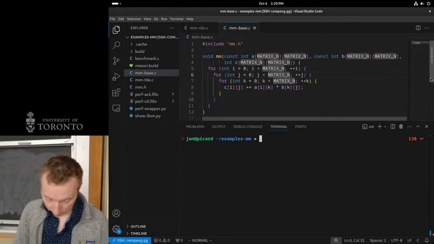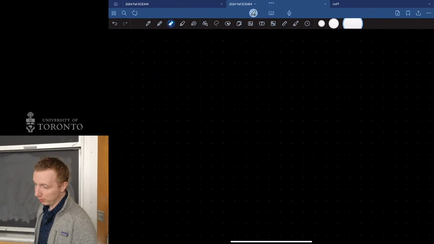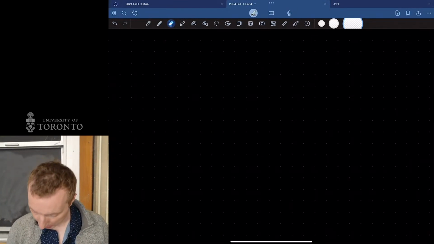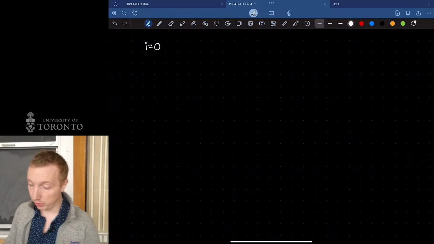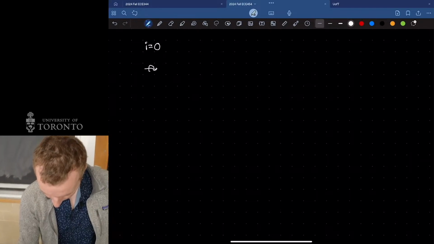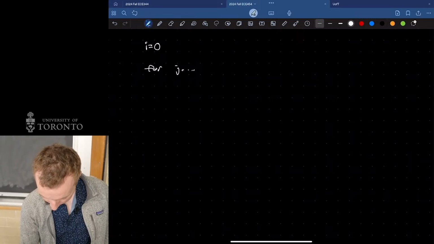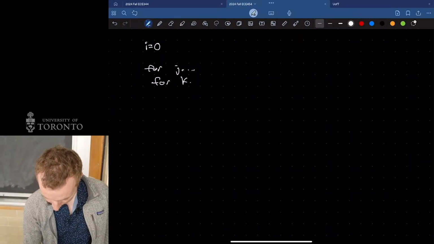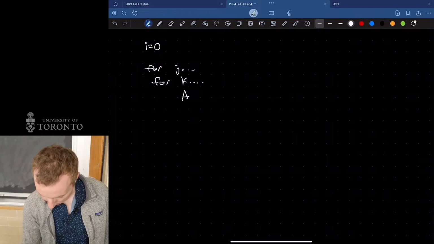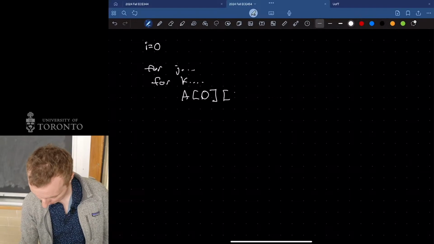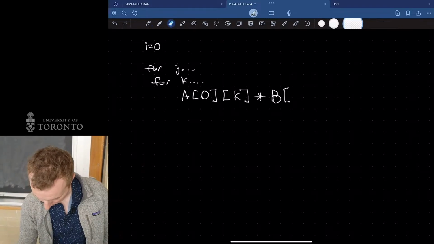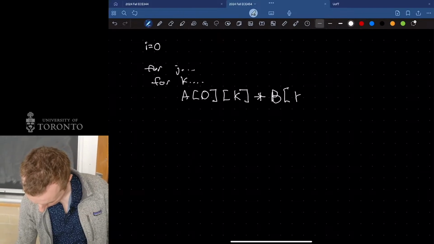So if I'm doing matrix multiplication, and I assume that I is constant, then in each iteration of, let's say, for j, for k, I do something like A times B at k, j.